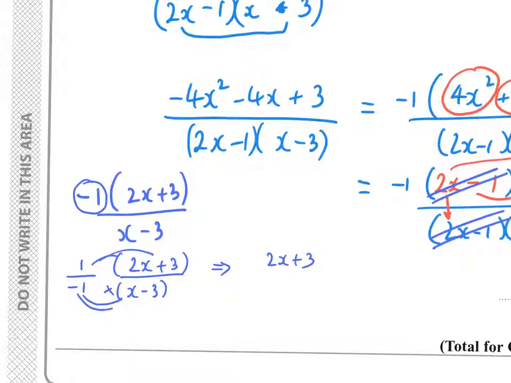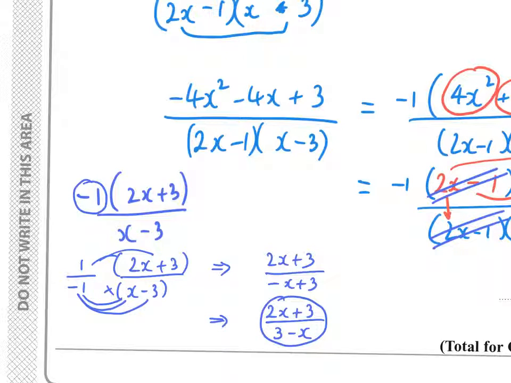But then, can you see this gives me minus x and this gives me plus 3. Now you might think that's a bit messy, but the mark scheme would say this, more than likely. Okay, so this is fine. The other outcomes would be fine also, you'd get full marks for those, but this would be the most concise way of writing the answer.